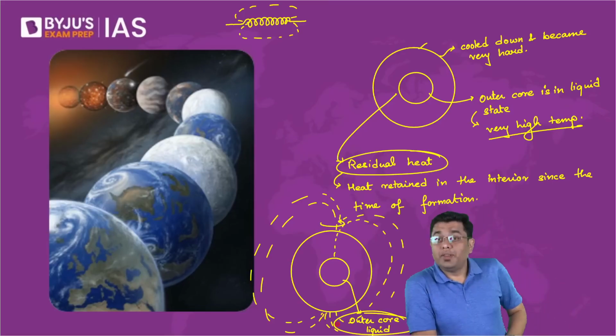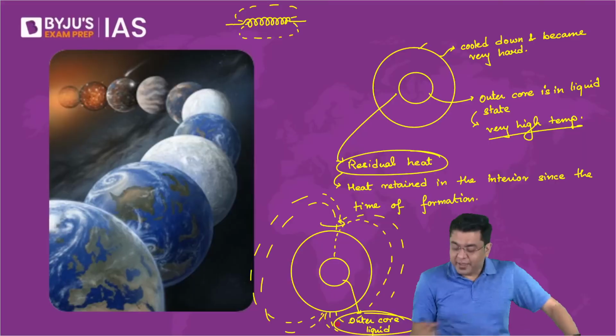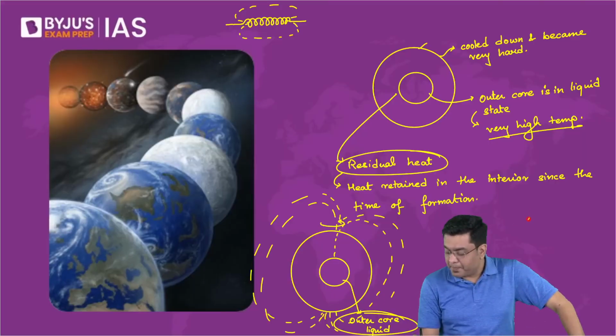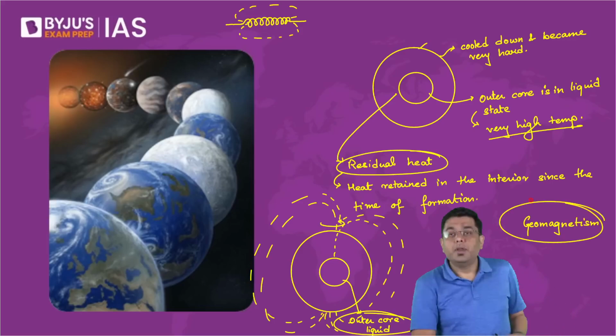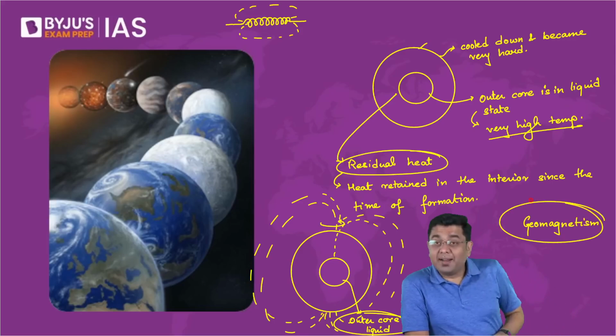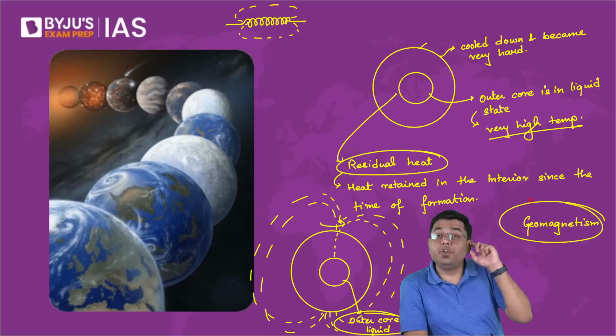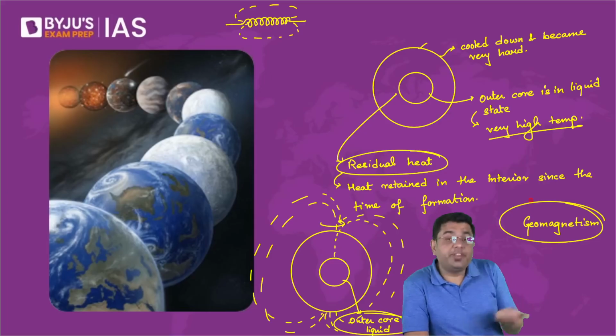Now, that is what is referred to as geomagnetism. That is magnetism exerted by Earth itself. That is what geomagnetism is. So, this is how the magnetic field is created.